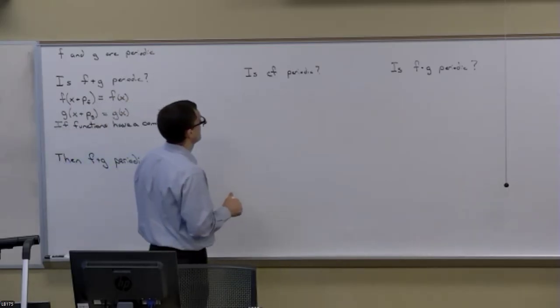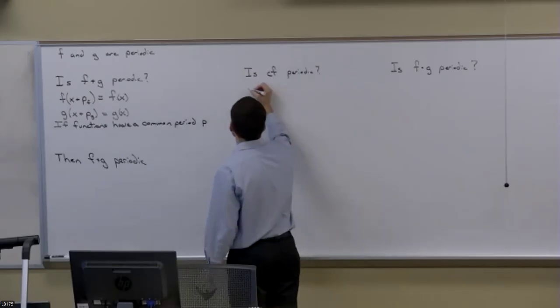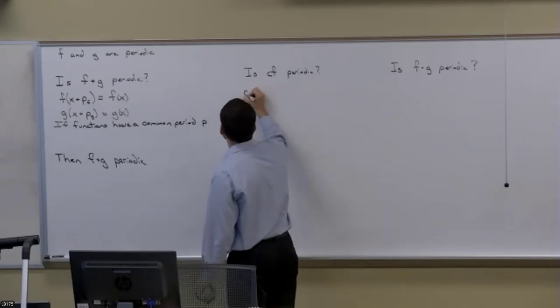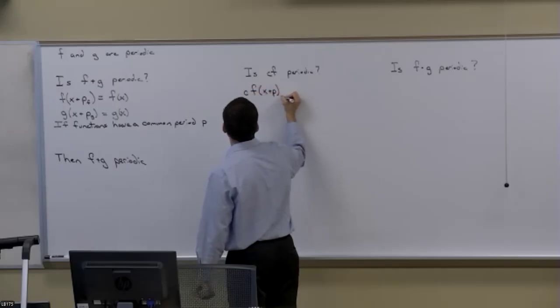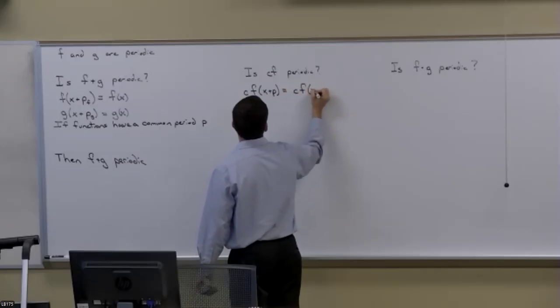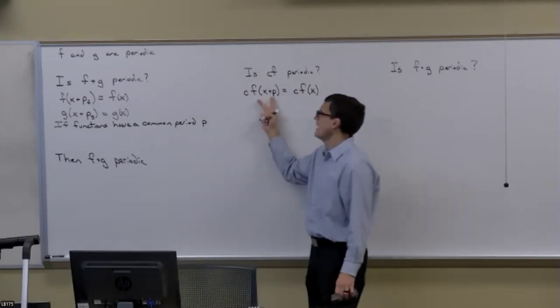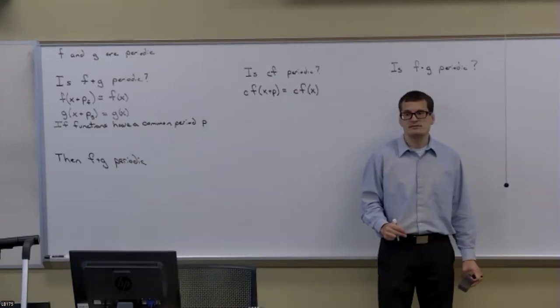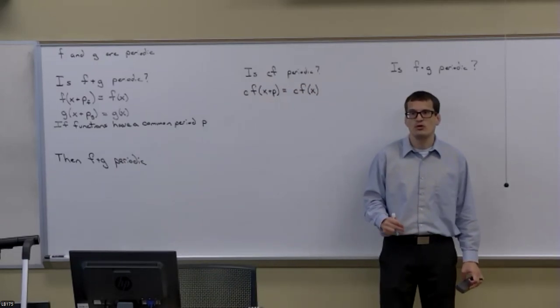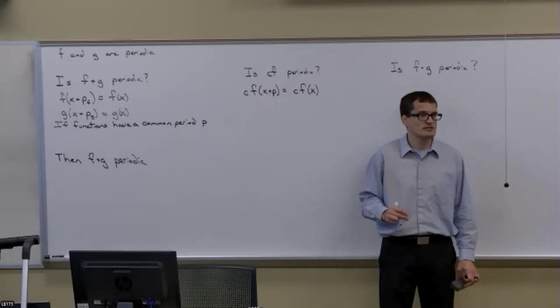I'll write that one. How about a constant times f? Well, the constant's not going to change anything. If I have f which has period p, I can just apply that rule of periodic functions.